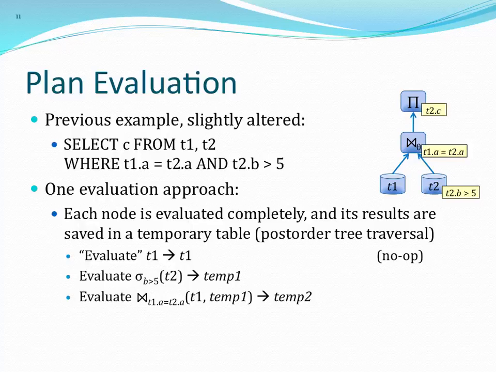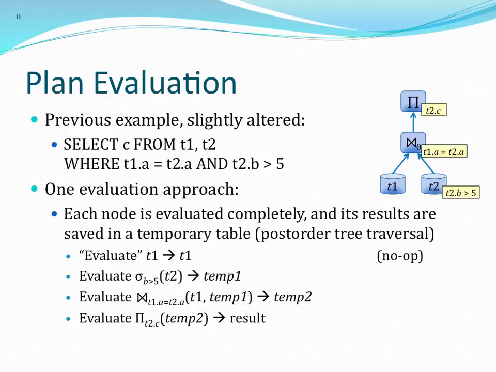Okay, so notice we take the theta join T1.A is T2.A and we apply that to T1 and temp1 containing the results from filtering T2 and we generate another table. And then we take that result and we project it down to C, and again, this is a multi-set project, so we may see duplicate rows in that. That's fine. And we use that to generate a result, and then we take the result to send to the user or whatever.